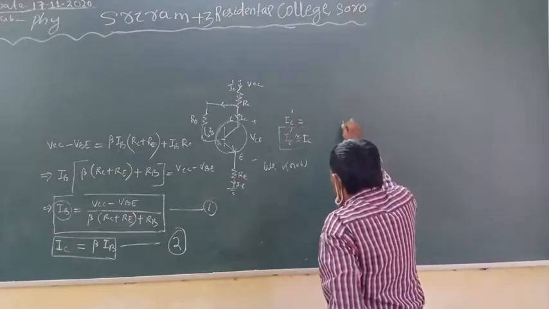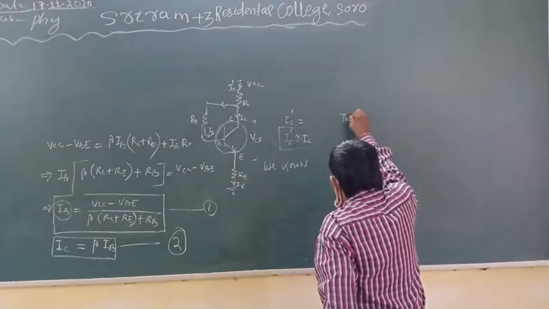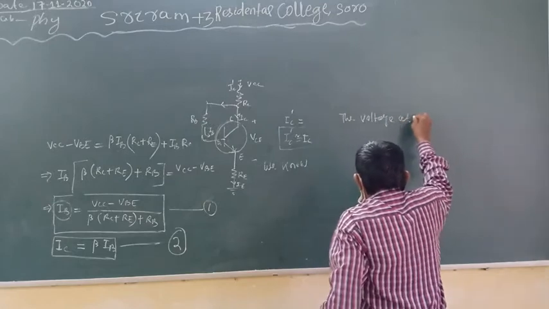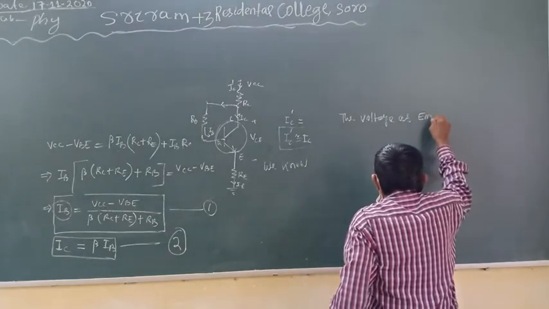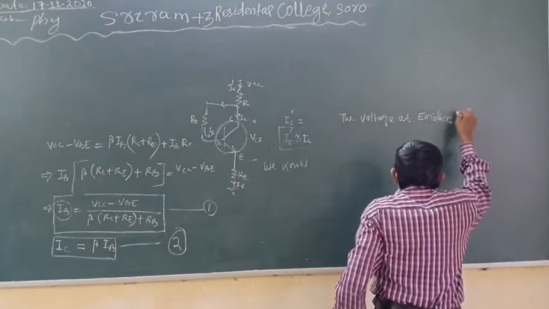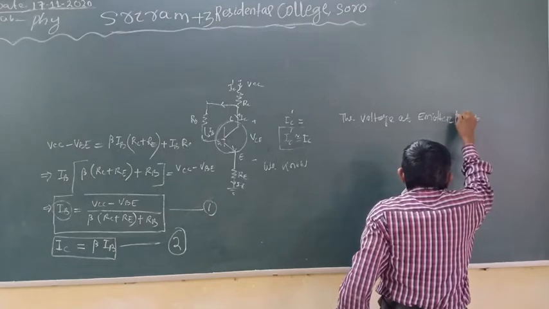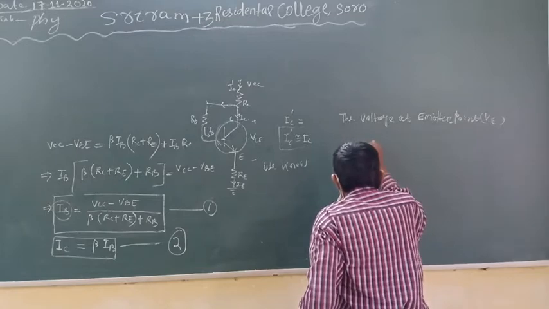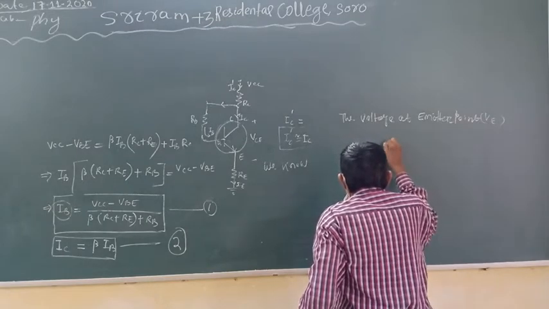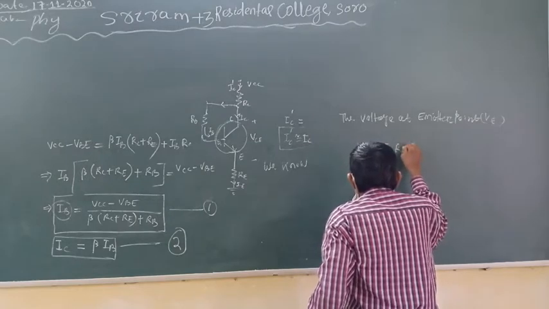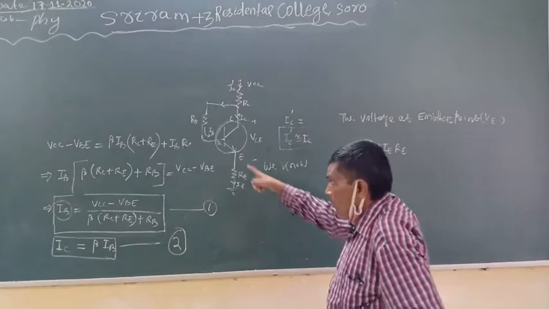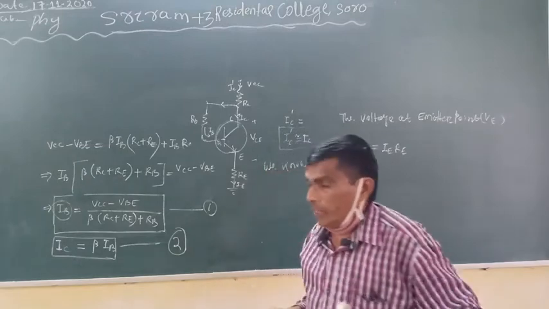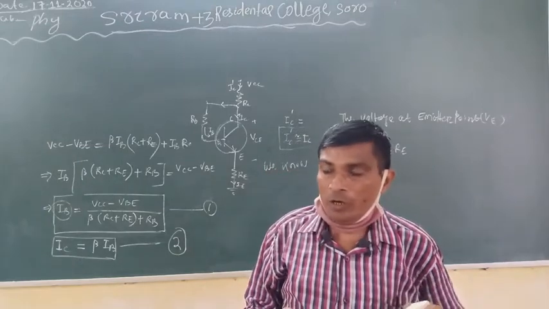Now the voltage at the emitter point, VE, is equal to IE RE, because in the emitter circuit a resistor, that is RE, is connected with the emitter terminal.